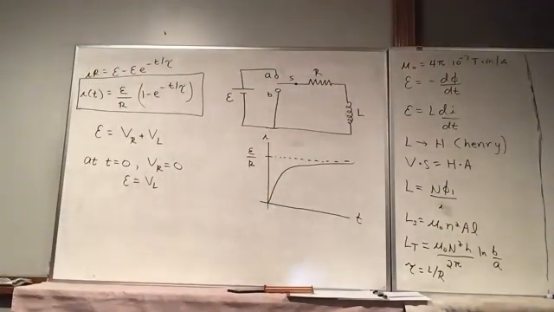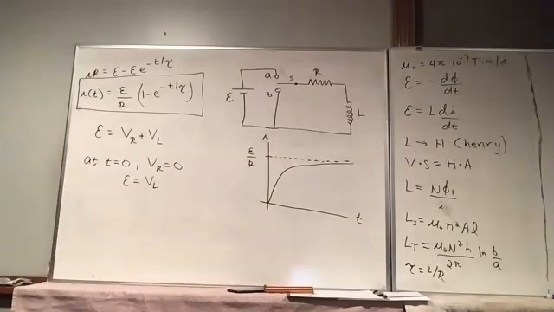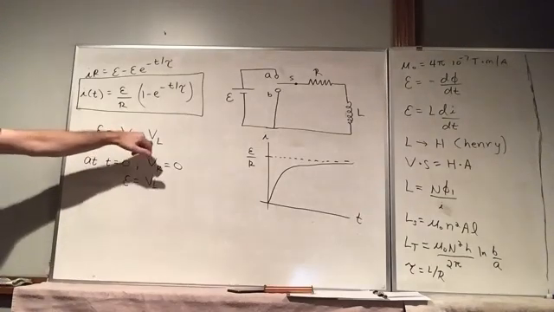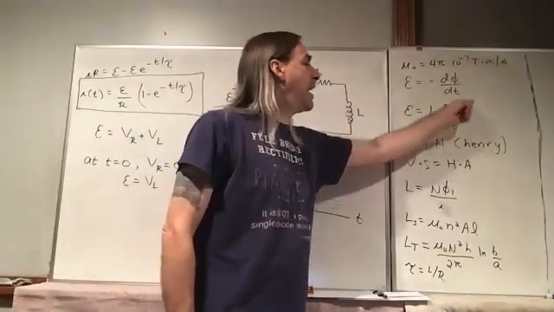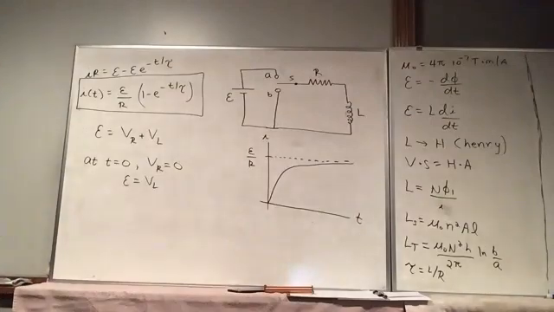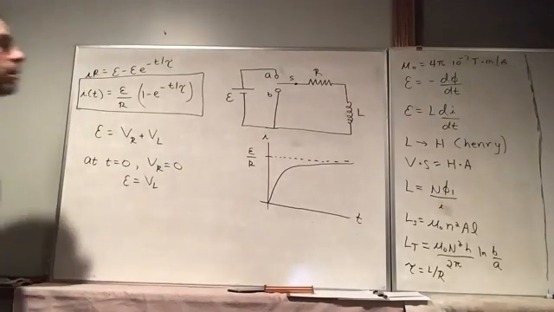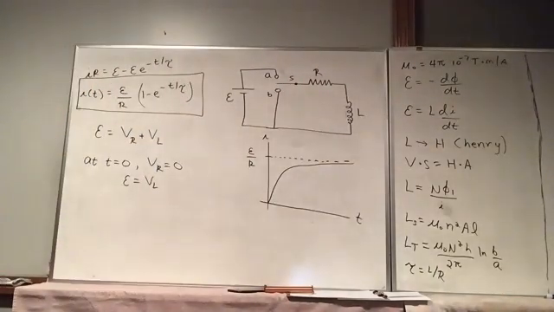Because these two have to add up to whatever the battery is, the higher the current, the greater the voltage drop across the resistor, and the smaller the voltage drop across the inductor. And so di dt is smaller. The more current going through the resistor and the inductor, the smaller the change is going to be.